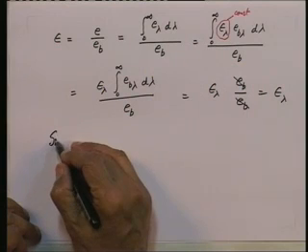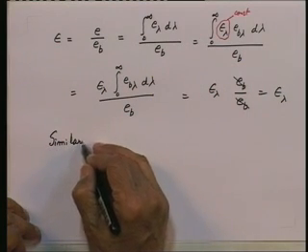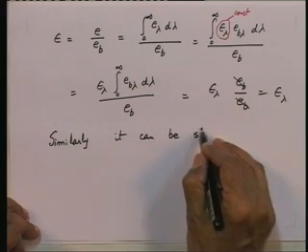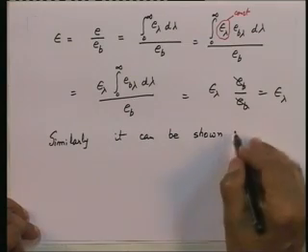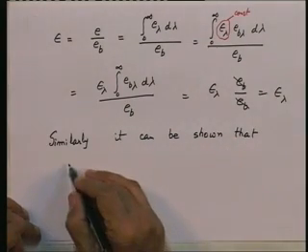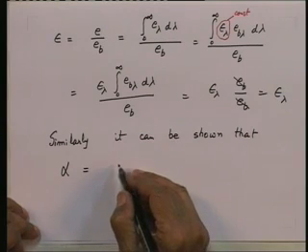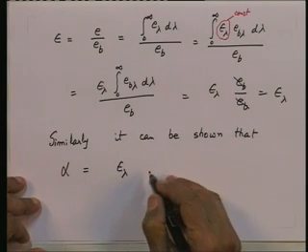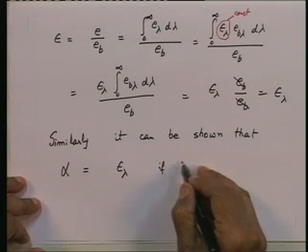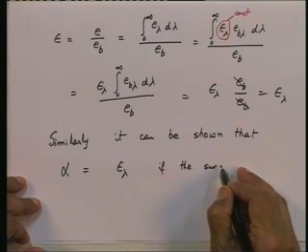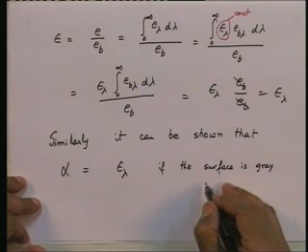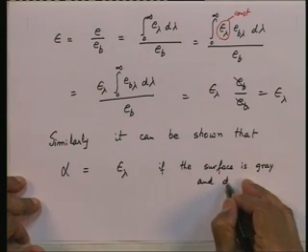Similarly, it can be shown that alpha, the absorptivity, is also equal to epsilon lambda if the surface is gray and diffuse.